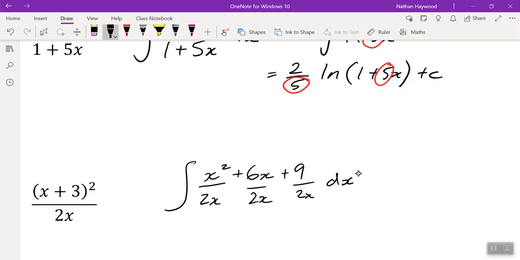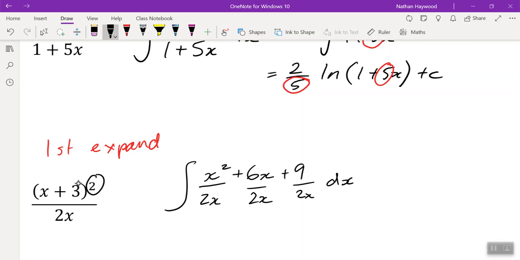What do you mean? There's an x on the top of the fraction, yeah. So you have to first expand the brackets. First expand on a question like this, where it's a squared.